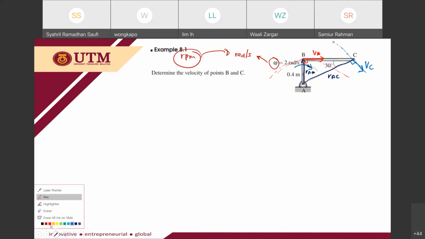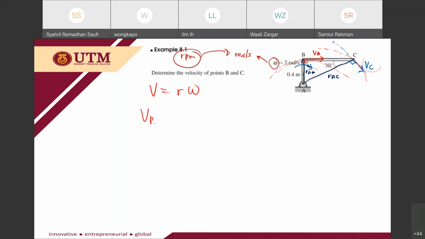If I draw the path, it will look like this, a rotation path. So this V should be perpendicular to the radius and tangent to the path of motion. V is equal to R omega.